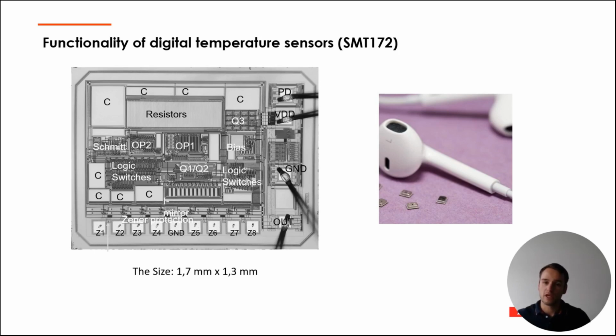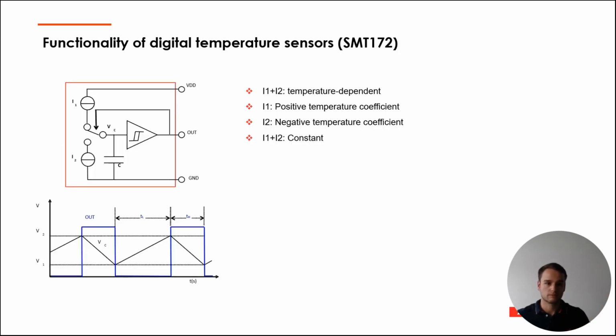But for some applications, it's really nice to have a duty cycle as an output signal because you are independent of resistance in cables. For example, if you have the temperature sensor on one side of the room and the measuring unit on the other side of the room, then it doesn't matter if you have 5 meters of cable length, and it will not affect the accuracy at all.